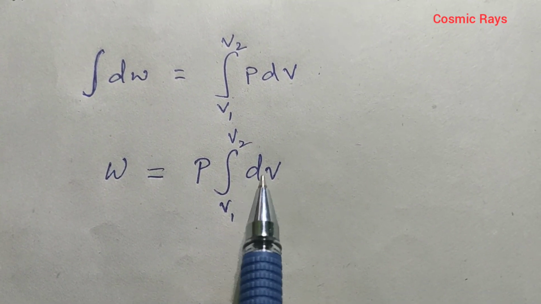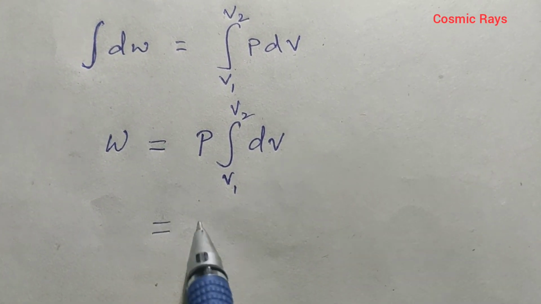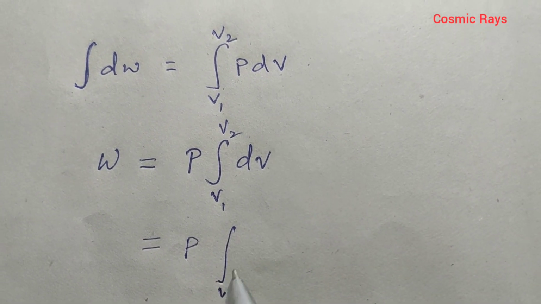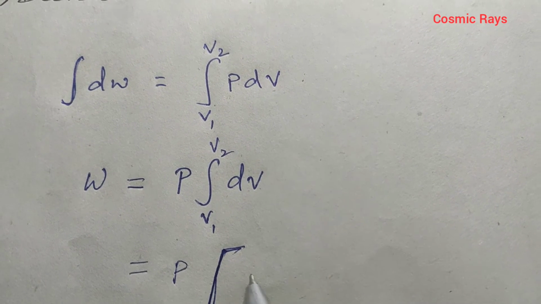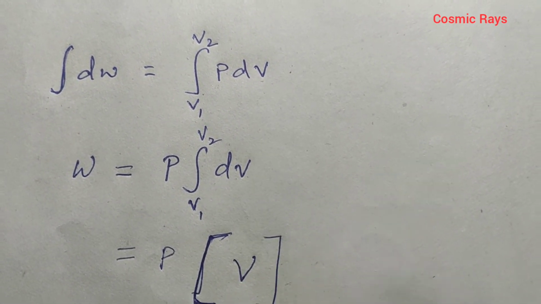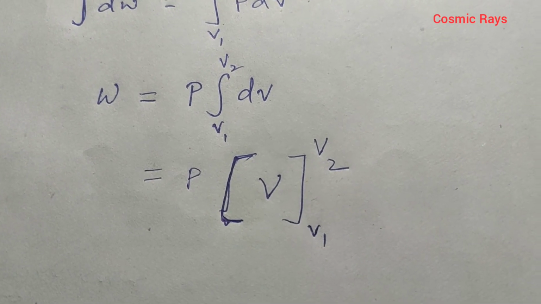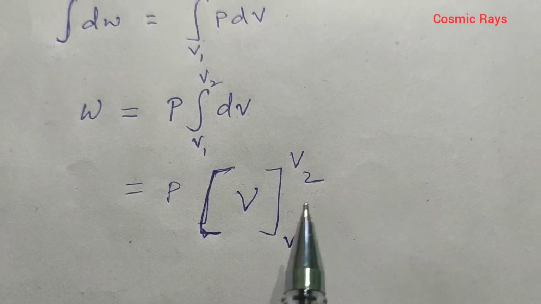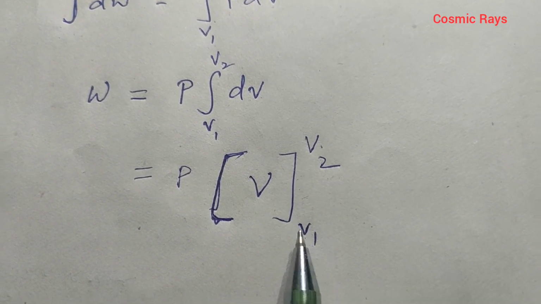Now integration of dV will be V, so the equation changes to P times V from the limits V1 to V2. Now integration says we substitute the values and we take the upper limit minus the lower limit.